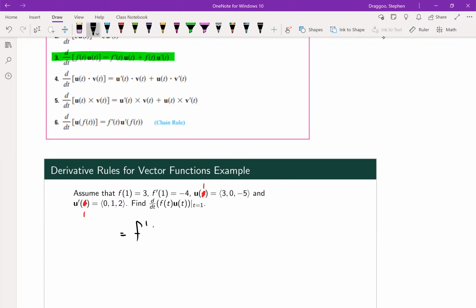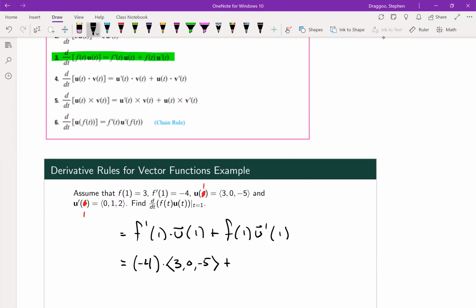So we'll have f prime of 1 times u of 1, where u is that vector value, plus f of 1 times u prime of 1, which should look like -4 times the vector 3, 0, -5, plus f of 1, which is 3, times the vector value u prime of 1, which is 0, 1, 2.